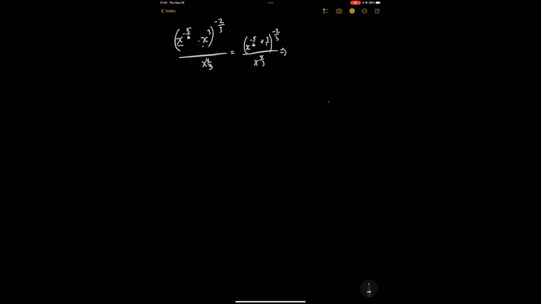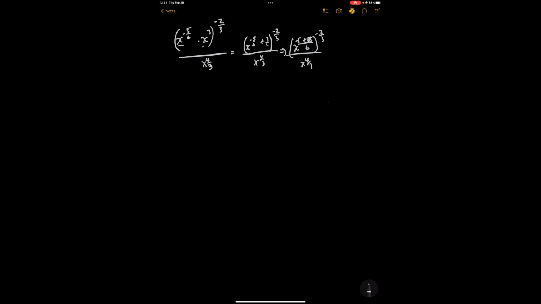So we're going to have x to the 6. 6 over 6 is equal to 1. 1 times negative 5 is negative 5. 6 over 1 is 6. 6 times 3 is 18. And all that to the power of negative 2/3, all of that over x to the power of 4/3.